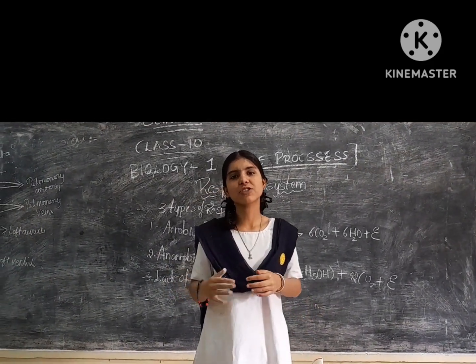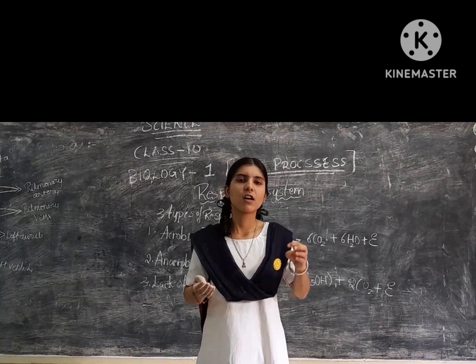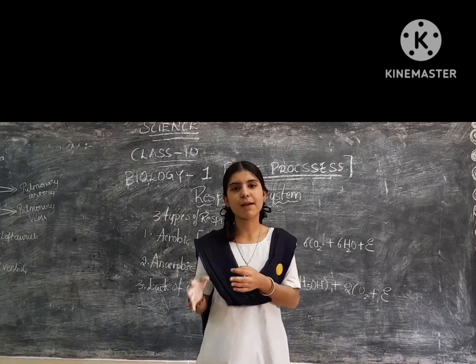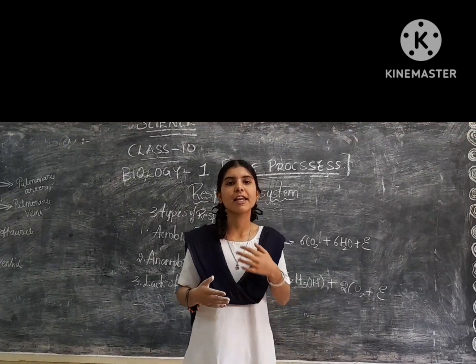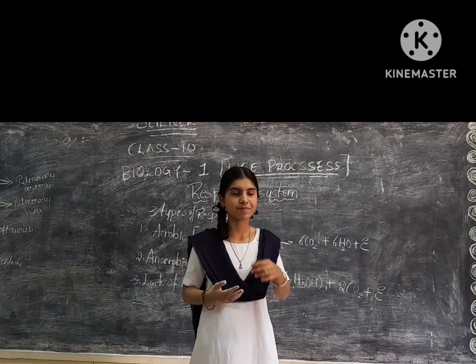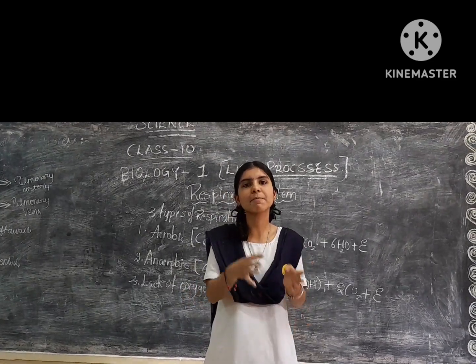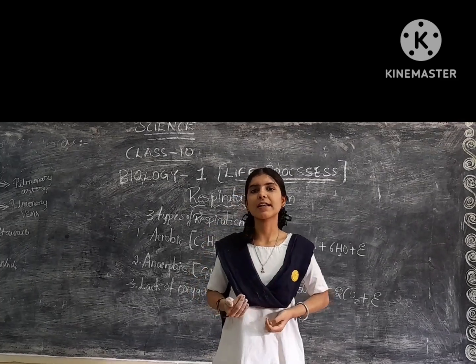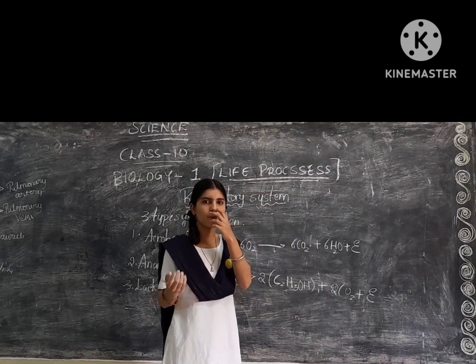This cellular respiration takes place commonly in birds, animals, including human beings and other mammals. While breathing, we inhale the air containing oxygen and we exhale carbon dioxide. This oxygenated air is transported to all the cells throughout the body.